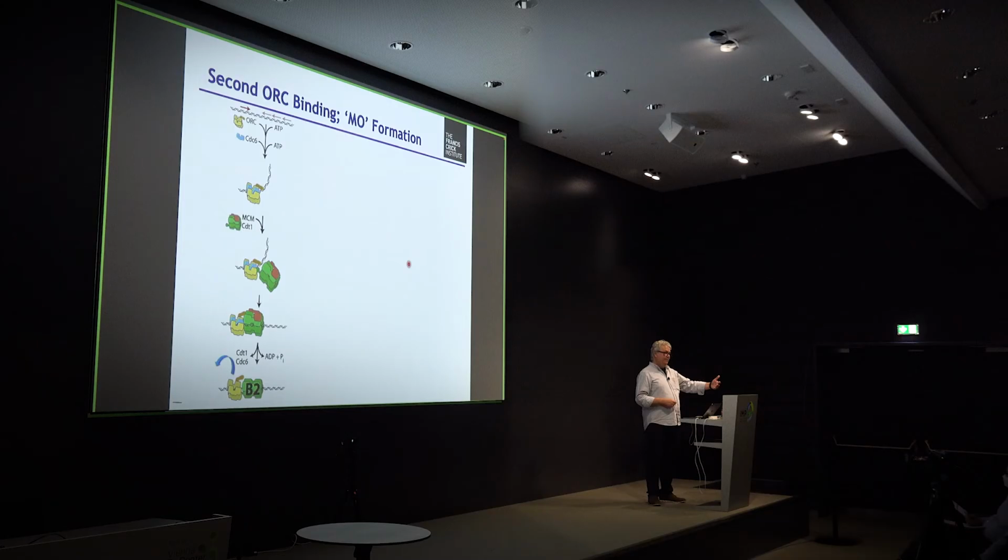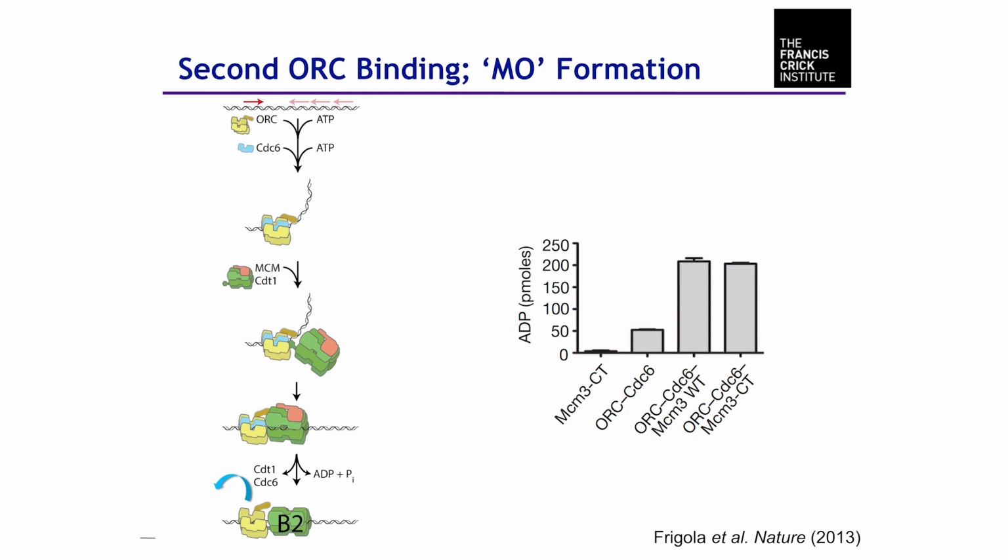Remember I told you ORC needs to be able to bind ATP in order to bind to its specific sequence. ADP doesn't support sequence-specific binding. So if ORC were to hydrolyze ATP to ADP, it presumably would lose its affinity for DNA. And that's what we think happens. And one of the reasons for thinking that is shown here: if we just take that winged helix domain of MCM3 and we add it to ORC CDC6, it greatly stimulates the ATPase activity of ORC.